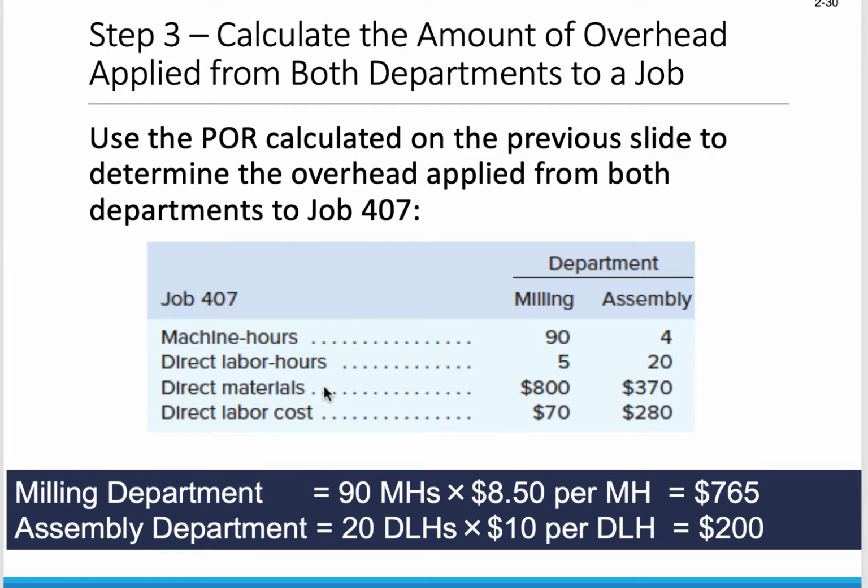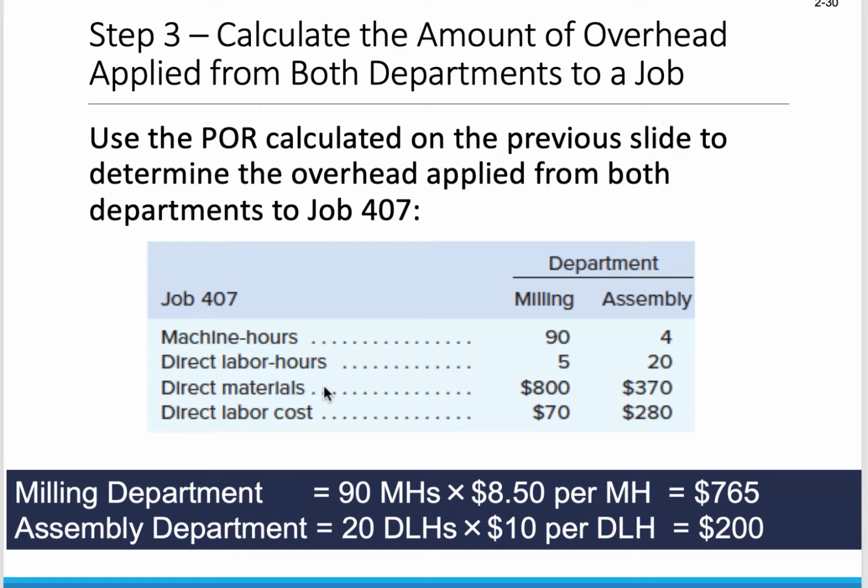Then we have to calculate the amount of overhead that we're going to apply from both departments to the job. So we have job 407. Job 407 has a total of 94 machine hours. 90 of those hours come from milling, 4 from assembly.